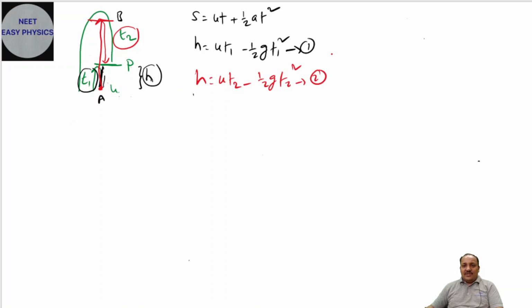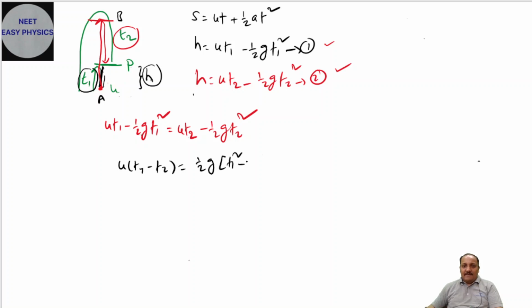So from equations 1 and 2, both are going to be equal. ut1 minus half g t1 square is equal to ut2 minus half g t2 square. Correct? Now you just have to rearrange these equations according to our convenience. You can bring this one this side: u into (t1 minus t2), and this one right side: half g into (t1 square minus t2 square).